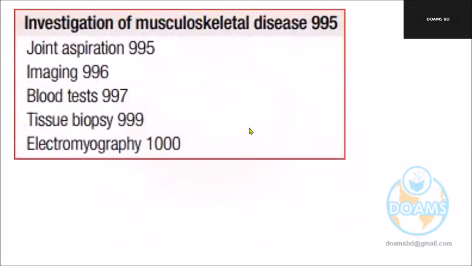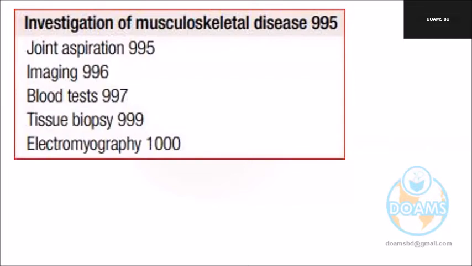Whenever we talk about investigations, definitely the blood test comes first. But we need to go for imaging, and even for joint fluid aspiration and further study. Sometimes a biopsy is needed, and sometimes electromyography is also needed if you consider dermatomyositis or polymyositis.